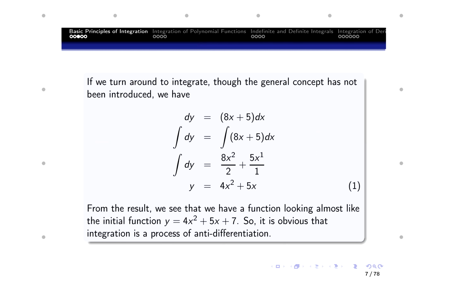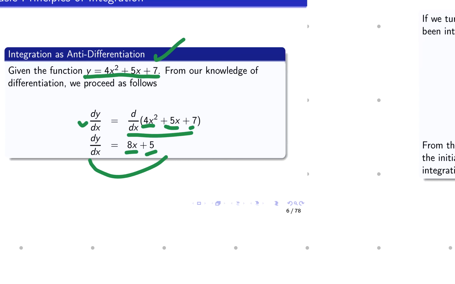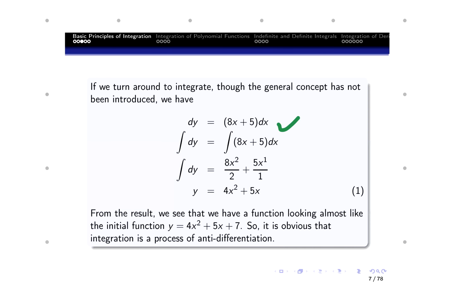What you got last, if you remember, is that dy/dx is 8x plus 5. If you multiply both sides by dx, you get dy equals (8x plus 5) dx.